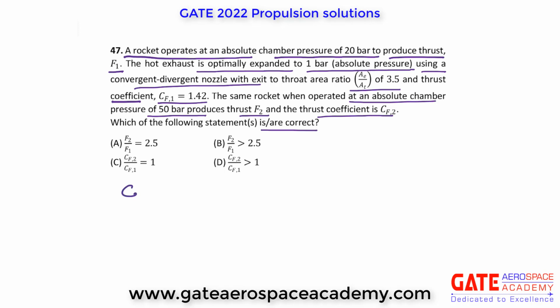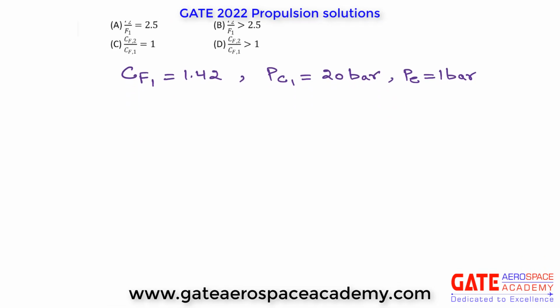So CF1 is equal to 1.42. PC1, chamber pressure in case 1, is equal to 20 bar. Exit pressure is equal to 1 bar. So in case 1 we have rocket.